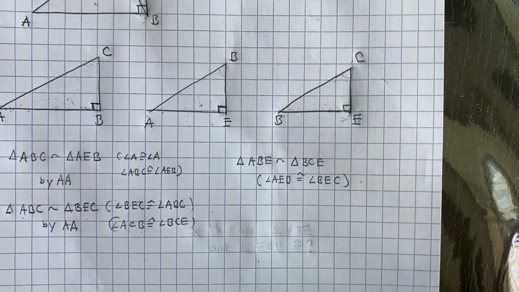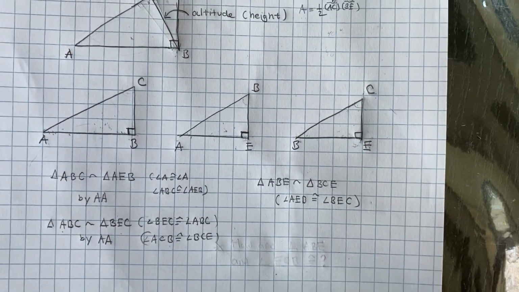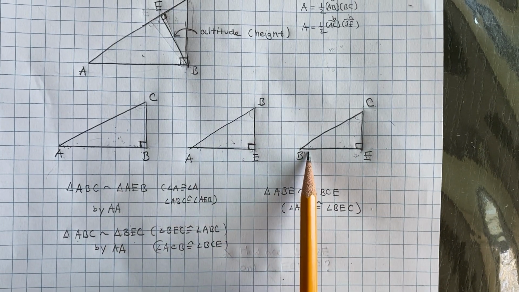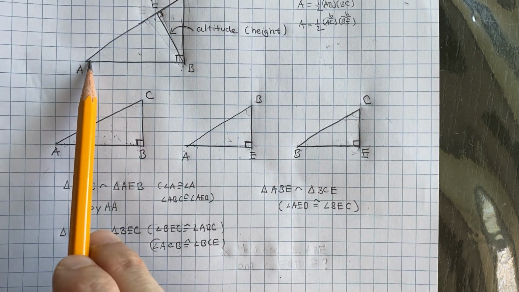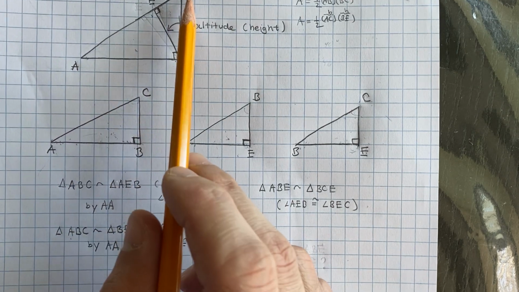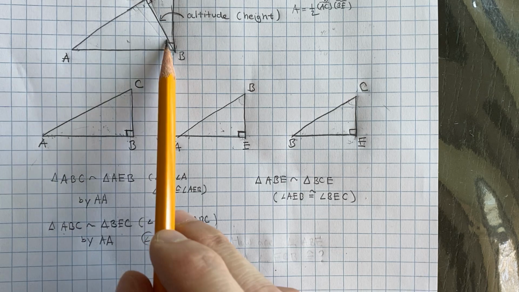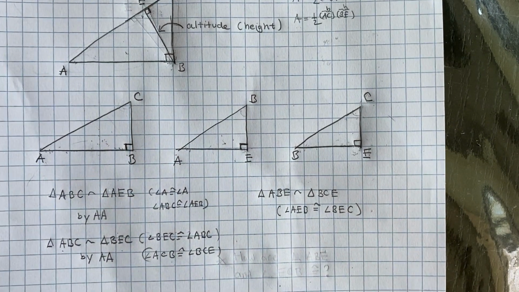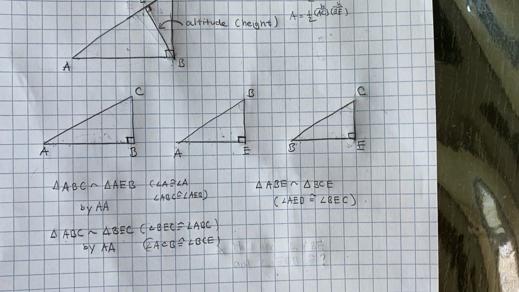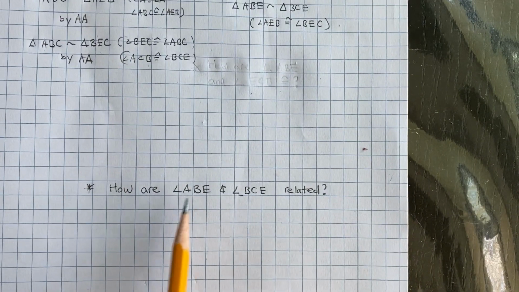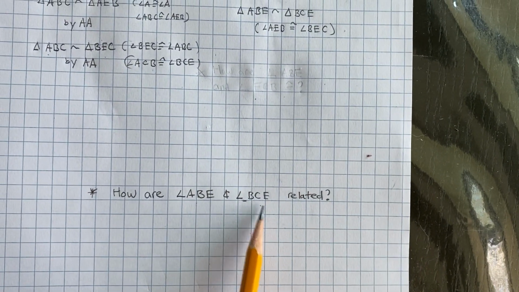Okay, but we need one last angle that's congruent to use the angle-angle theorem, right? So can you say angle A is congruent to angle B? No, they're not the same angle, right? Angle A is right here. CBE, which is this angle right here, you can't just eyeball and say they look identical, right? And so what I wrote over here on the bottom, I said, how are angle ABE and BCE related?